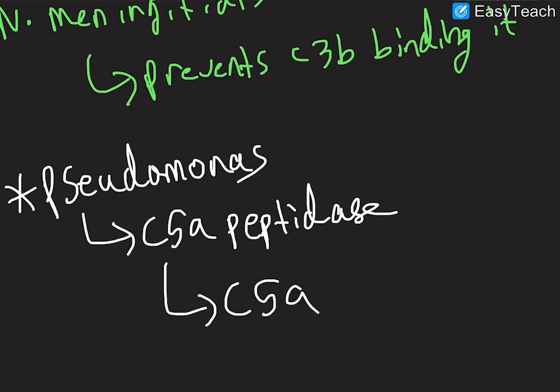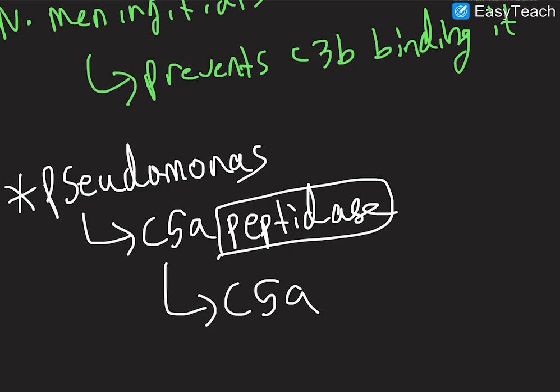And what will that do? Since it's a peptidase, we're going to cleave and destroy C5a. We're not going to activate it. This enzyme will inhibit C5a. Why is that bad? Because remember, C5a attracted neutrophils to the site of infection. Neutrophils are important for phagocytosing the bacteria or the pathogen and destroying it.